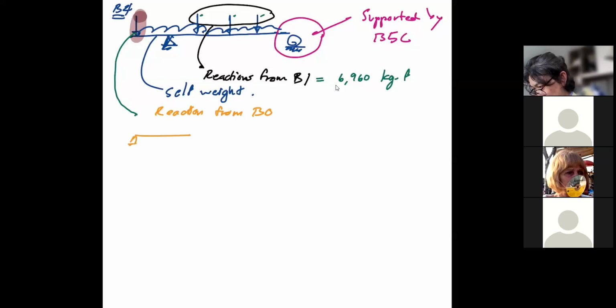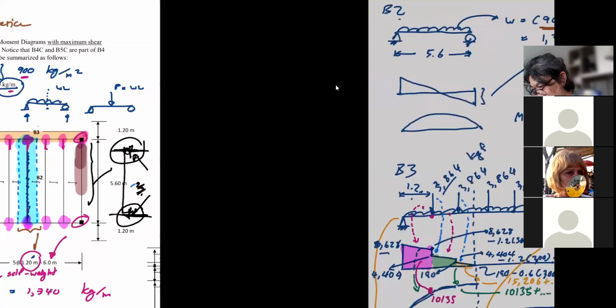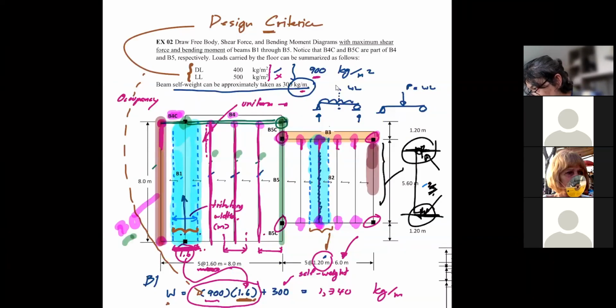But B naught is a simple beam, which is pretty similar to B1, except that the tributary width of this B naught is only half of the typical B1, right? You see, what we've been doing here so far is not difficult at all. It's like playing simple arithmetic. You just need to know where you need to look.